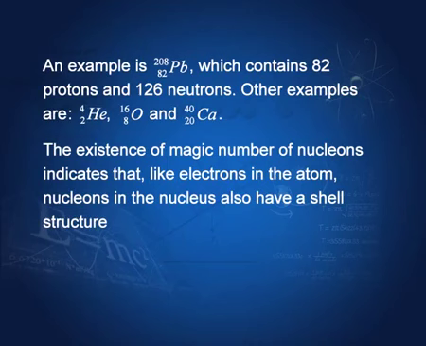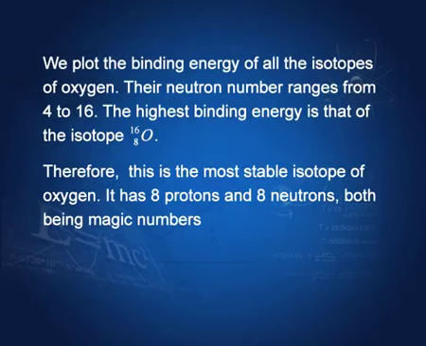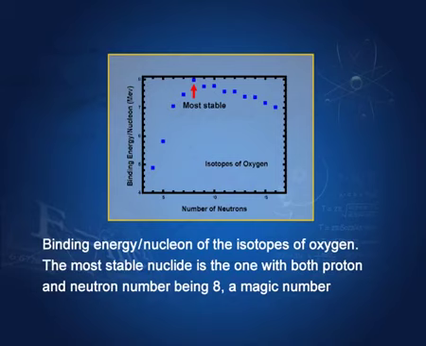I will give you an example of oxygen-16. Oxygen has several isotopes, and you see the most stable one is this. There are 8 neutrons and there are 8 protons. So, both the number of neutrons as well as the number of protons are magic numbers, and therefore, this isotope of oxygen, which has atomic number 8 and mass number 16, is the most stable of all other isotopes.